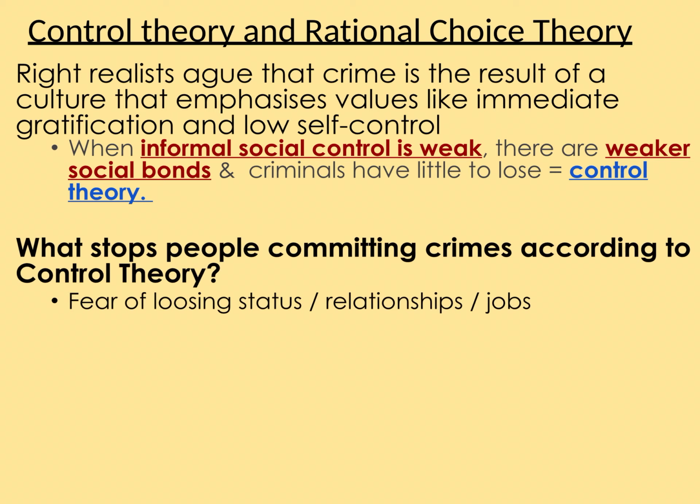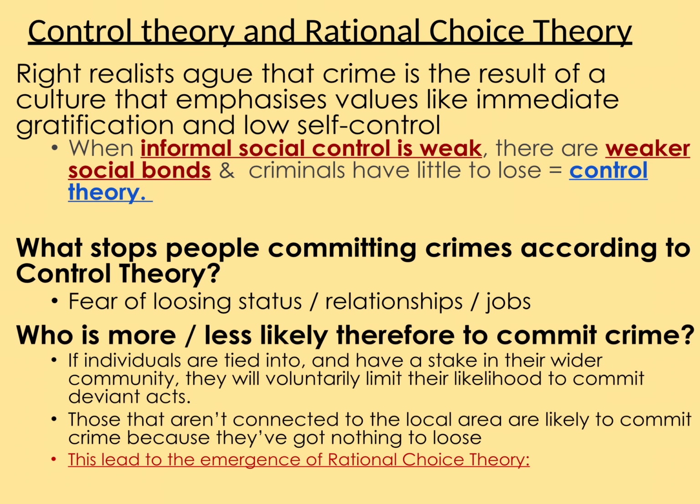Okay. But then the opposite end of this is, what sorts of people are more or less likely to commit crime? And control theory argues that if individuals have a real stake in their community, they will limit the likelihood of committing deviant acts because they don't want to lose all of that social capital, all of their connections.